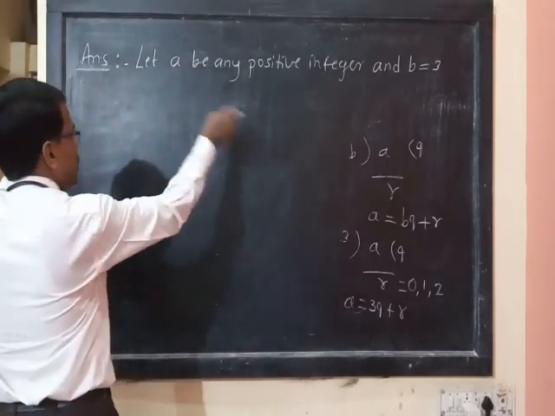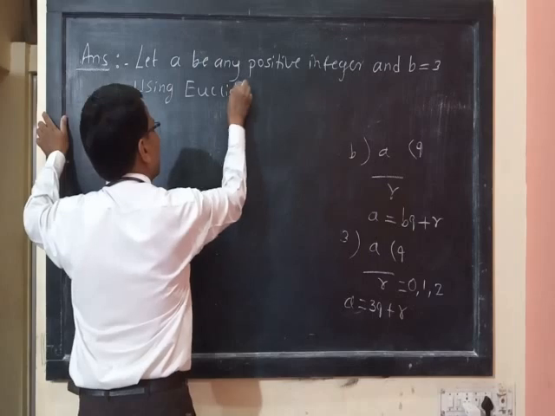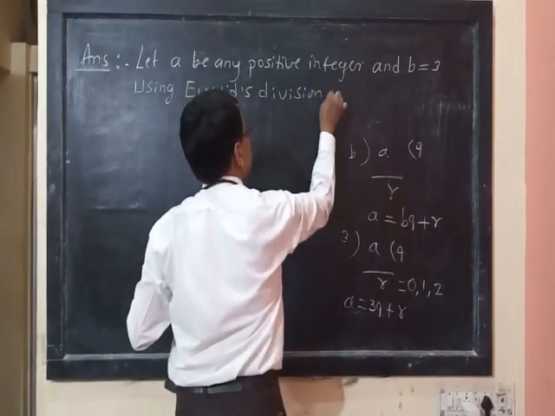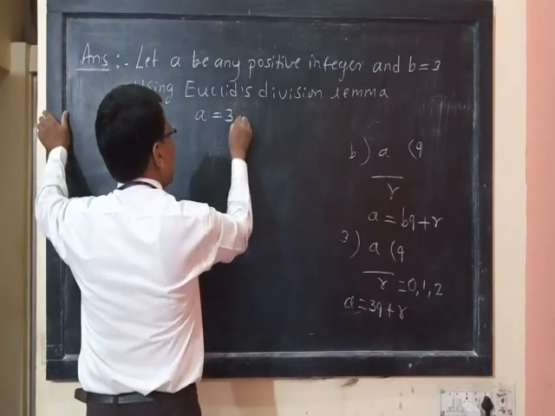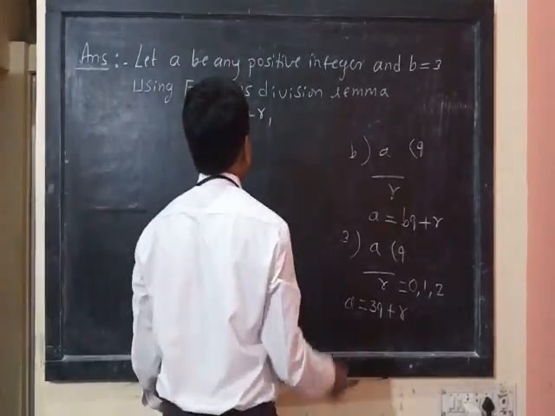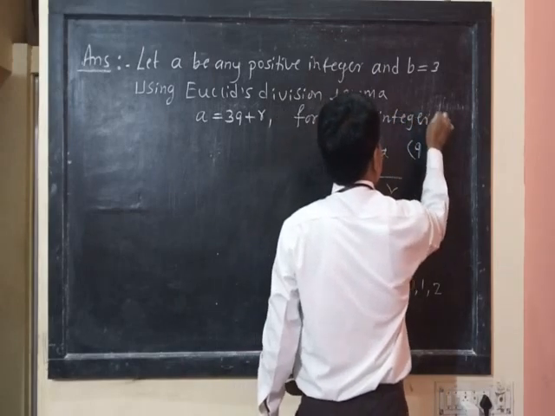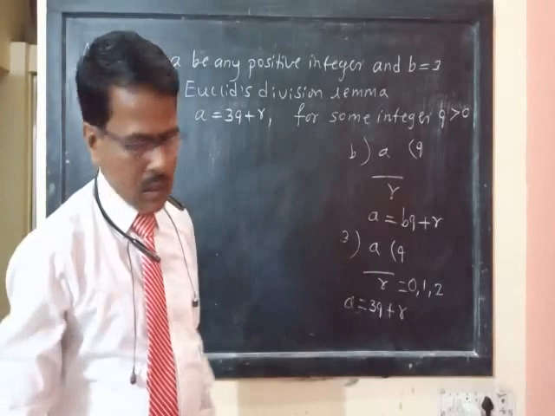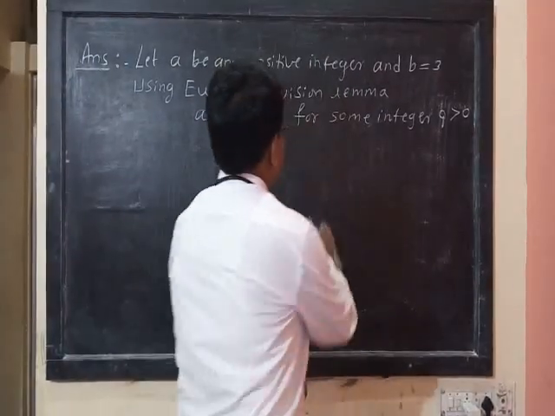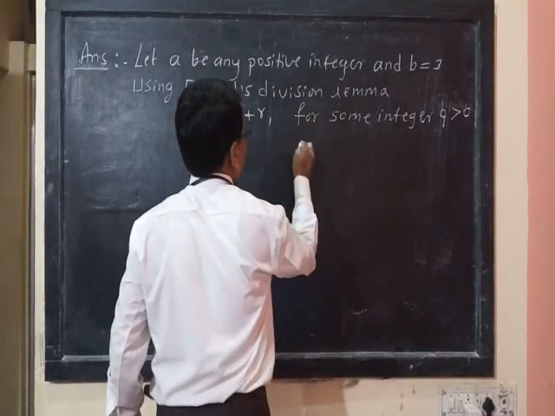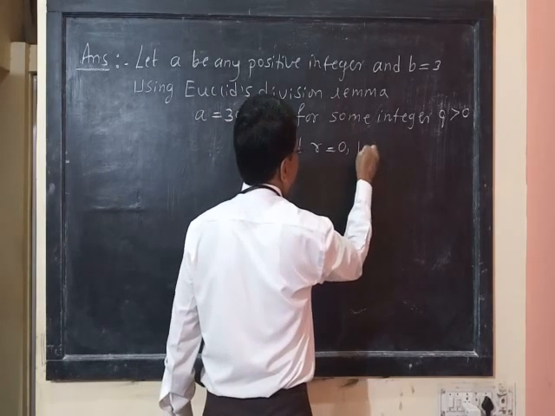So using Euclid's division lemma, we can write A equal to 3Q plus R, for some integer Q greater than 0, that is, quotient is greater than 0, and the possible values of remainder are 0, 1 or 2.